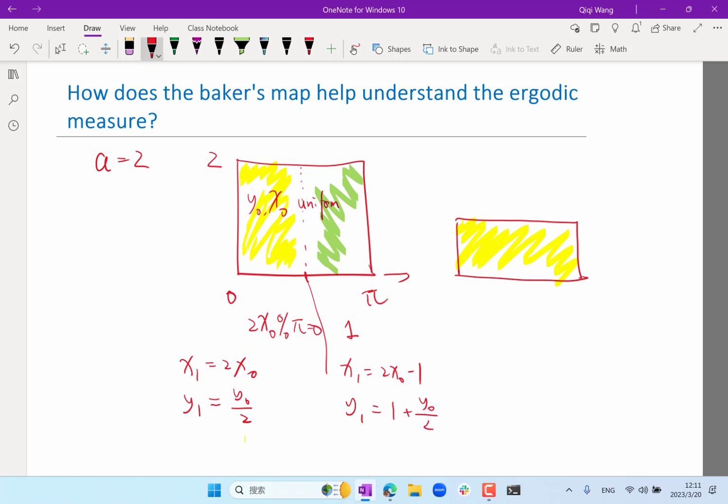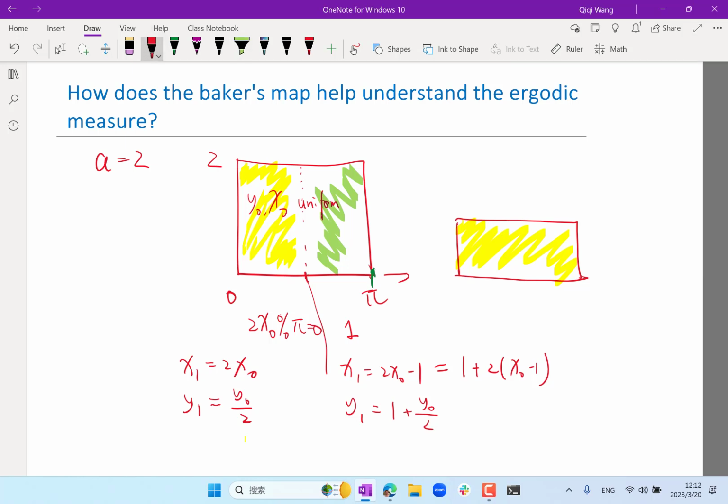That means the x-axis is going to be expanded, but from here, right? Another way to write it is 1 plus 2 times x0 minus 1. So basically, 1 is going to be the anchor in the x-axis, where we are expanding.